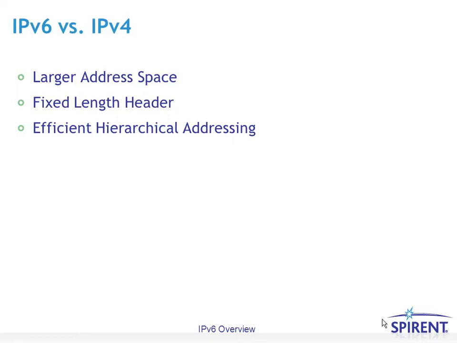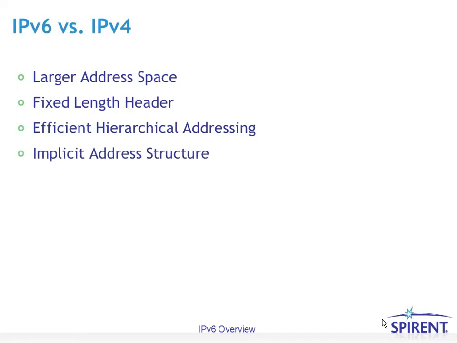IPv6 has efficient hierarchical addressing from the get-go. Of course, IPv4 evolved to that, going from classful to VLSM, variable length subnet mask, to classless, and then finally the implementation of CIDR. But all that, the implementation of CIDR, was engineered into the IPv6 protocol from the beginning.